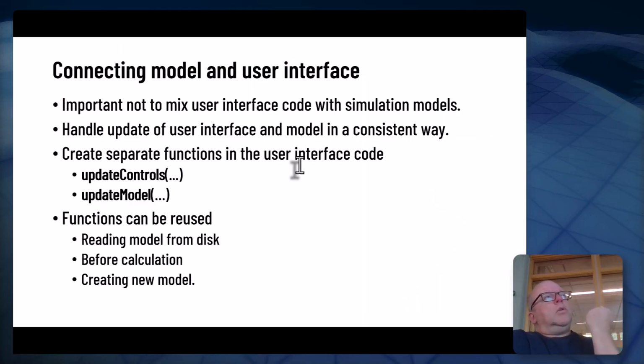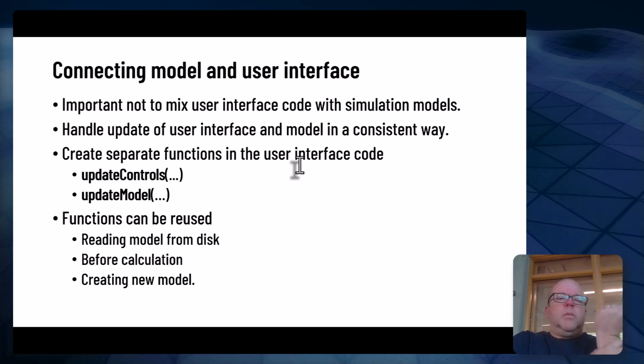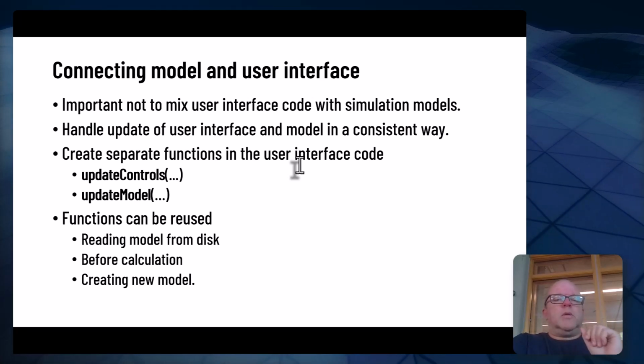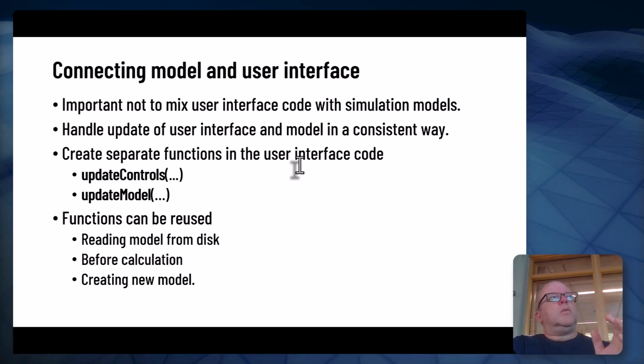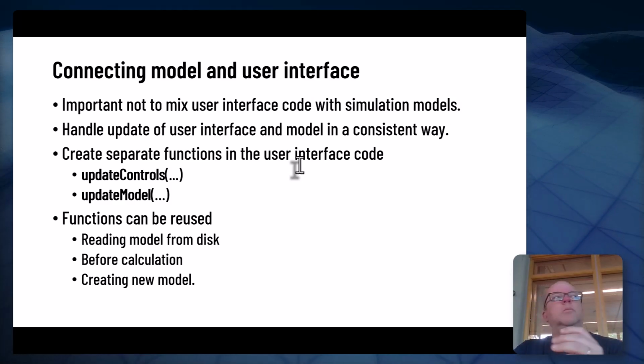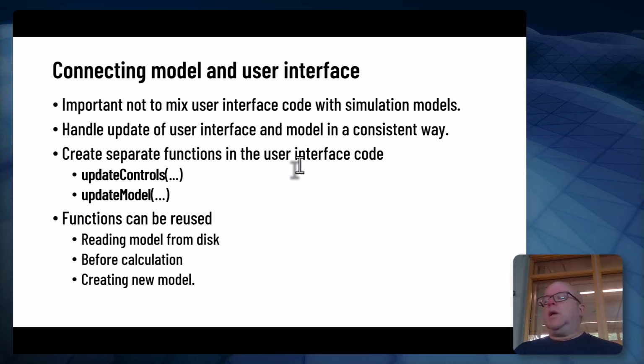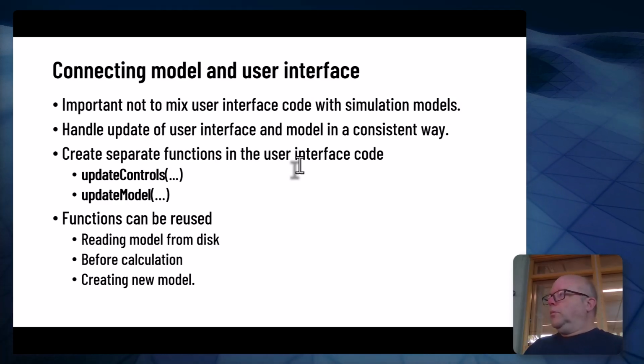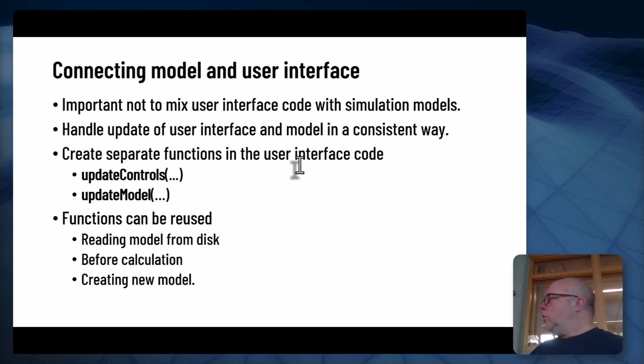What I usually do in my user interface code is, the first step, I create two methods in my window class. One is called update controls, which takes the values from a model and populates the controls with values.